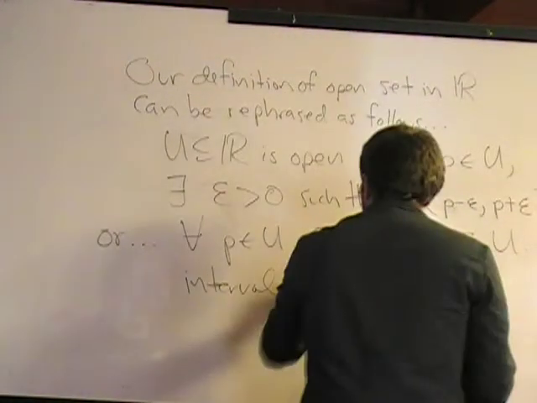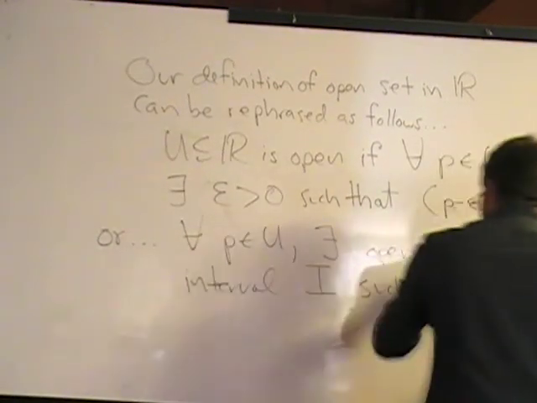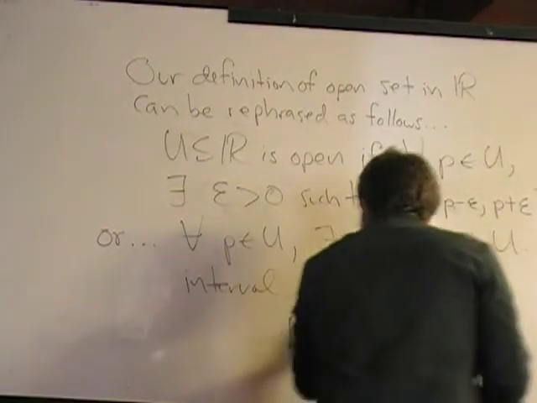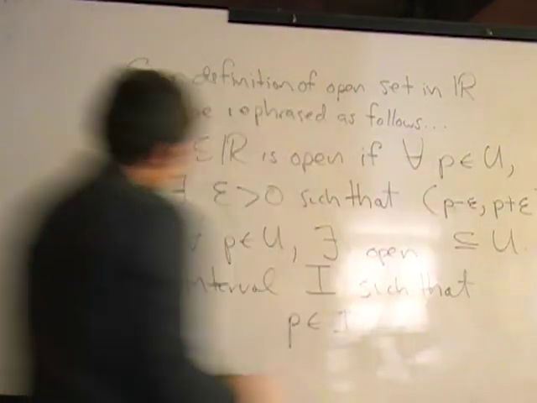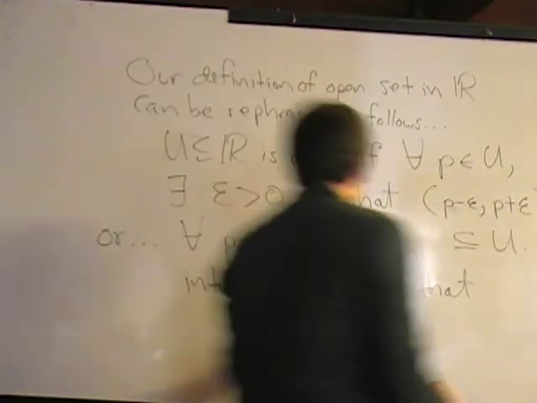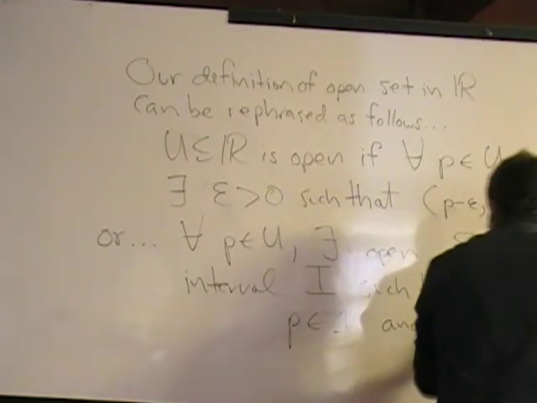Let's call it I, just give it a name. Such that, well, first of all, P has to be an element of I. Notice P is certainly an element of this interval here. Such that P is in I, and I is a subset of U.